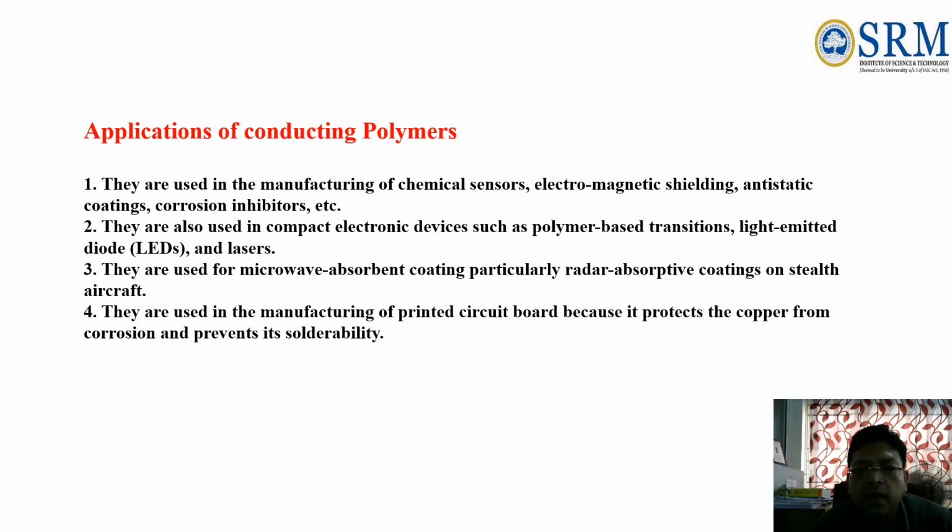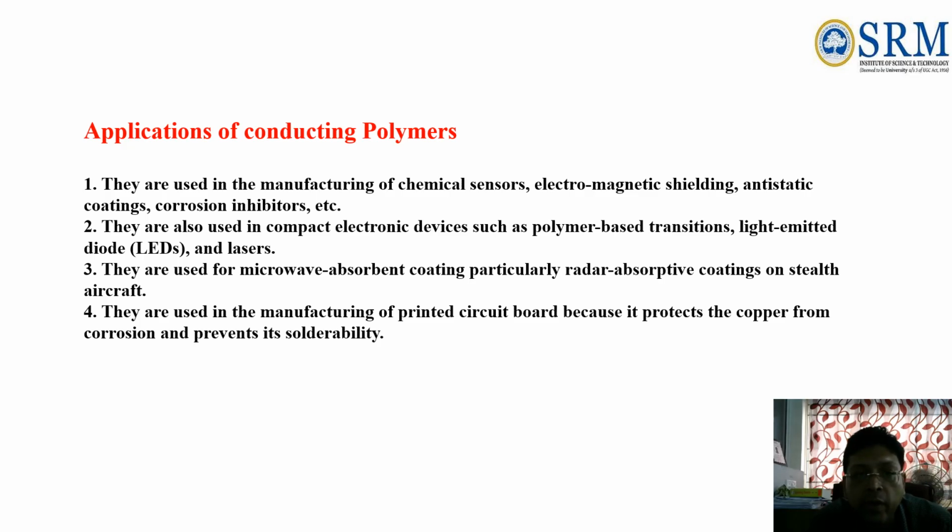So in the last segment of our lecture, we'll talk about the applications of conducting polymers. As we know, conducting polymers gainfully combine flexibility with electrical conductivity. So by taking advantage of both these properties, they can exhibit a wide array of applications.